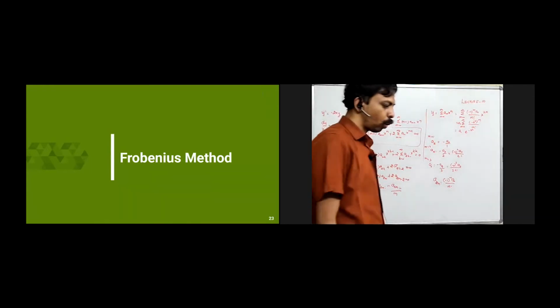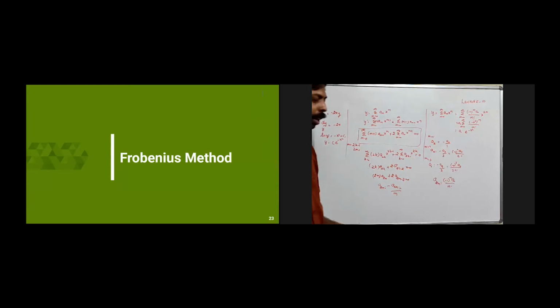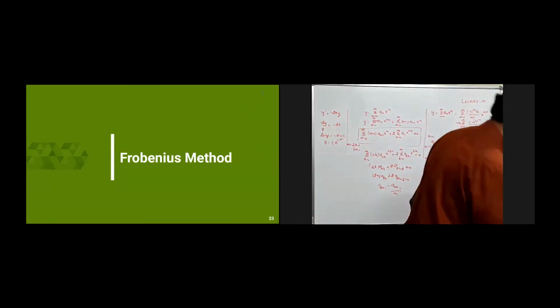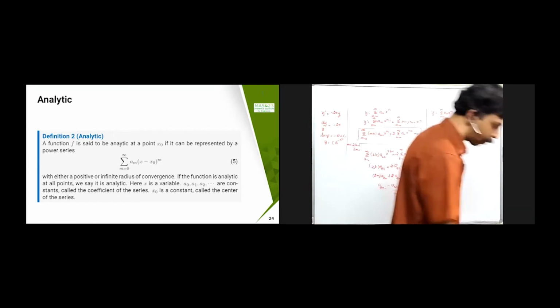Okay. Next, we are going to discuss the Frobenius method. In the Frobenius method, we are going to deal with different kinds of solutions which we are going to find. For that, we first need to understand some more basic ideas about power series.